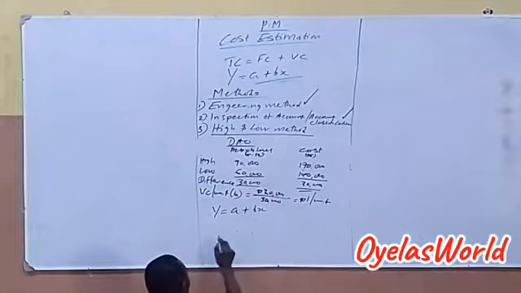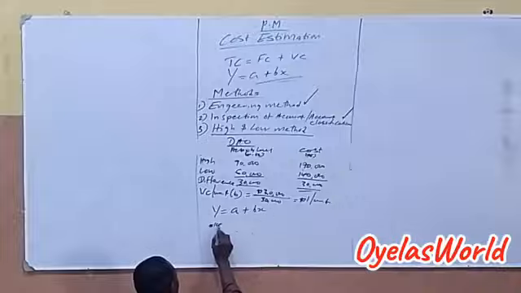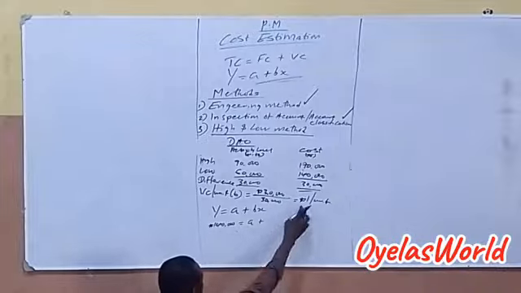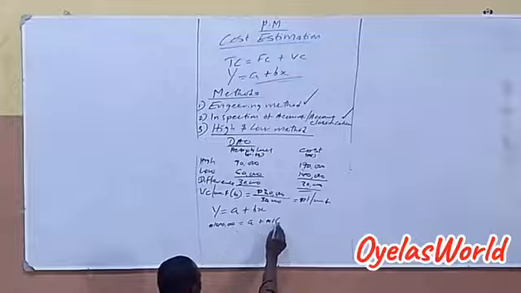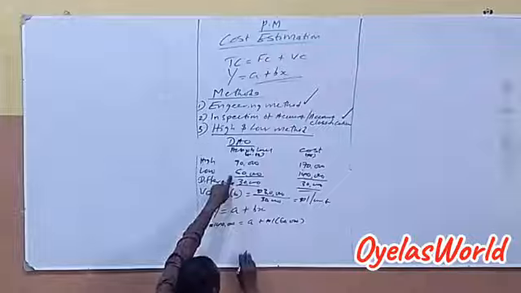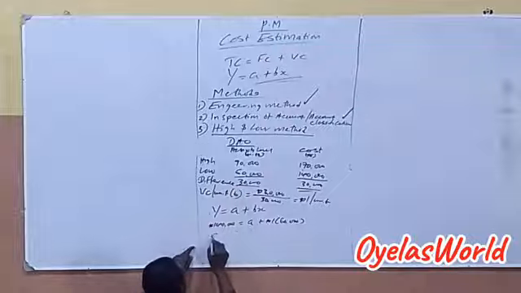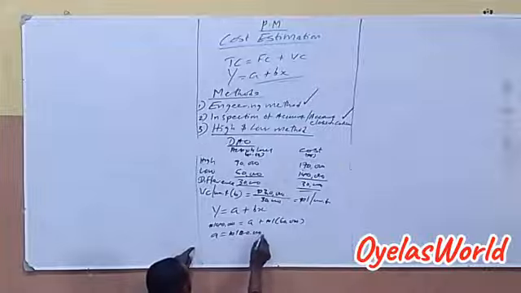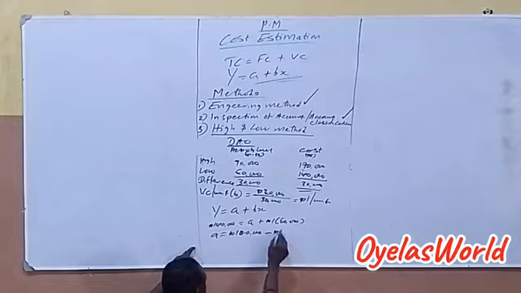The total cost is 140,000, equals A, which is unknown, plus B, which is 1 naira, times activity, 60,000. Therefore, A equals 140,000 minus 1 times 60,000. So A is what?